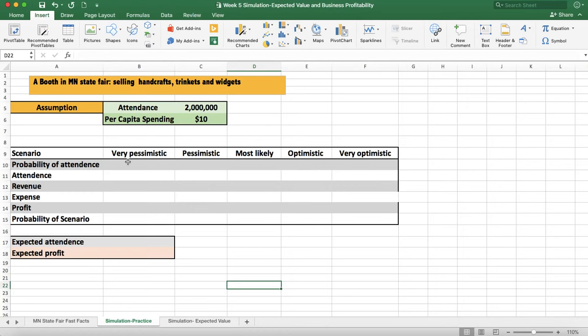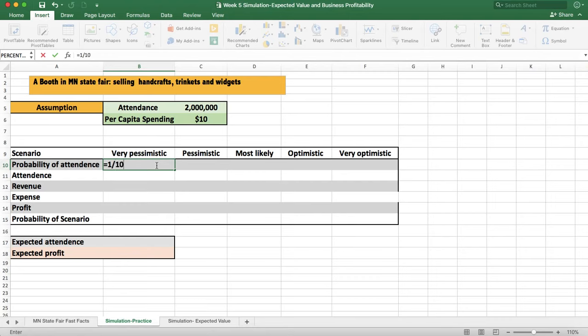A very pessimistic scenario is 1 over 10,000, and a pessimistic scenario is 10 over 10,000.